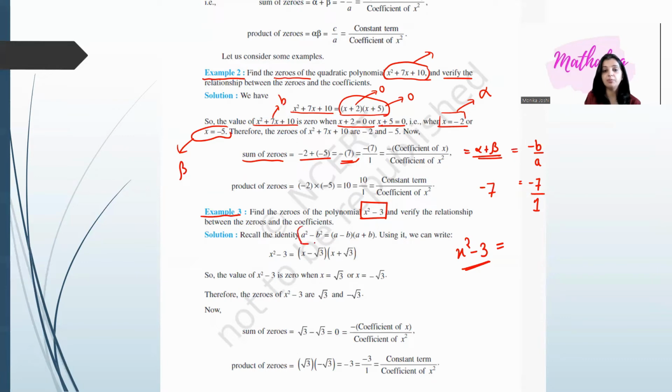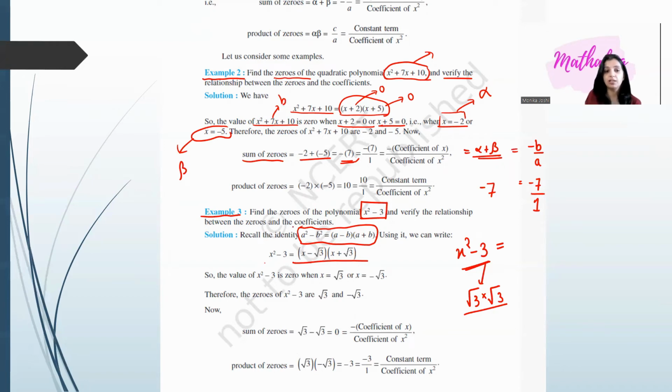They have applied this identity: a square minus b square equals a minus b into a plus b. Accordingly, we can write 3 as under root 3 and under root 3. If we multiply under root 3 by under root 3, it will be 3. So they put in the formula and directly found the factors.